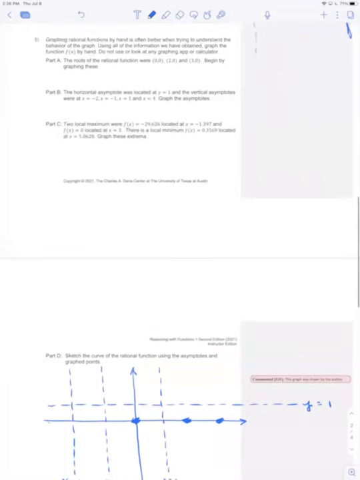Okay, so, oops. It's going to continue the axis down here. So there's the vertical asymptotes. And let's see, part C.